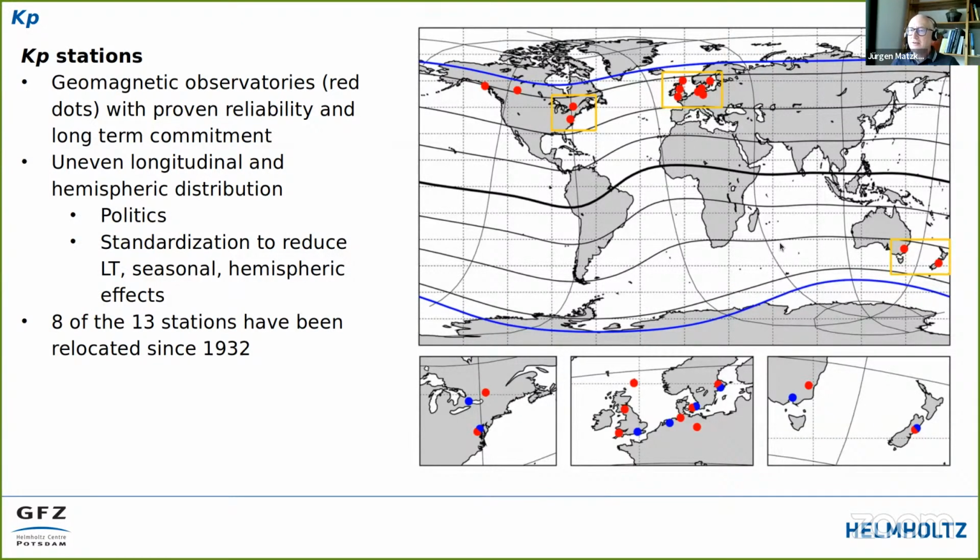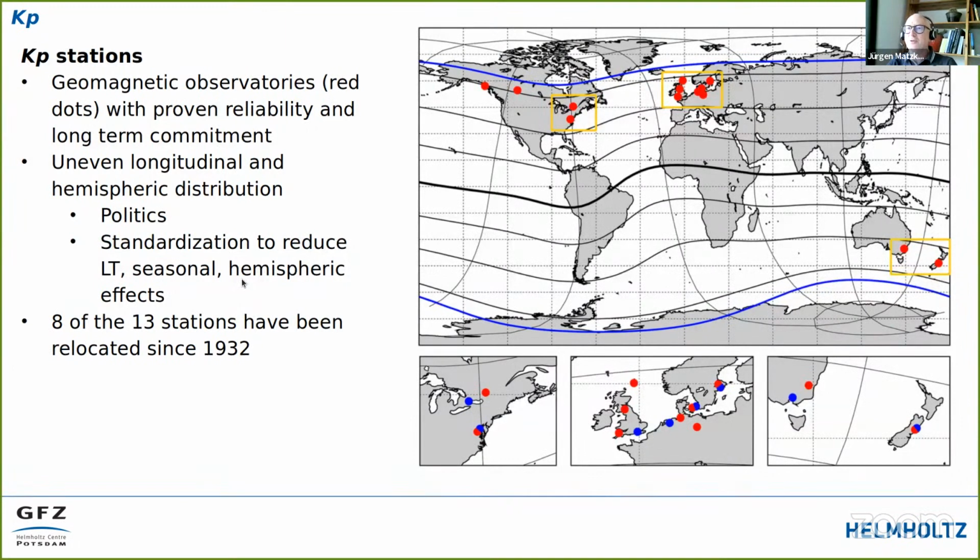In order to mitigate this effect, there is a certain standardization procedure, which is important to take into account the local time and the season and the hemisphere of the observation. So any K value is recalculated to a standardized value. And then the 13 observatories together produce the mean value, and that's the Kp.